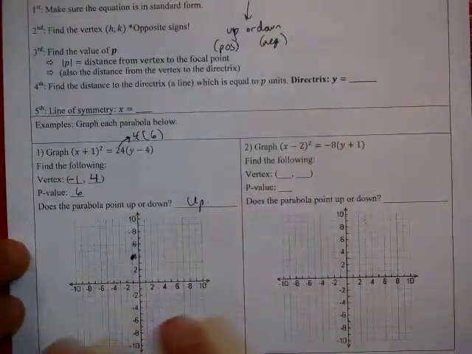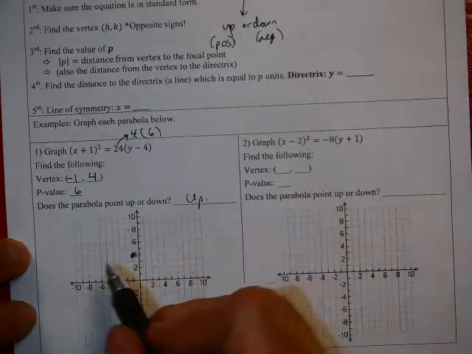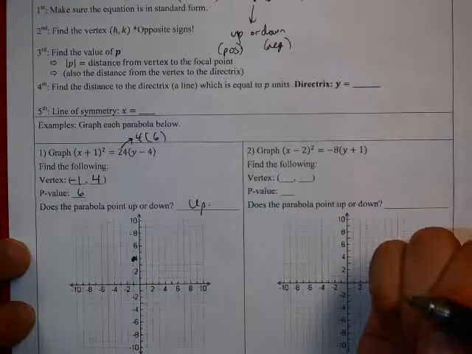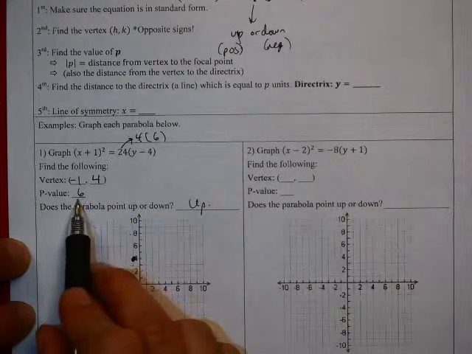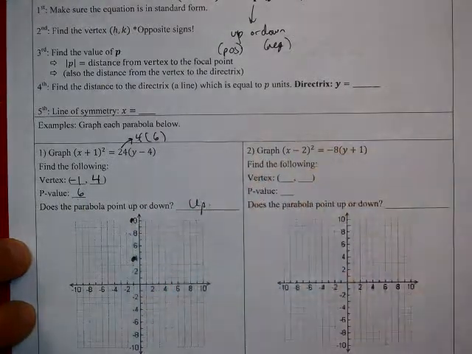Now when you graph, the focus is always inside the curve. It's always inside the parabola. So from this point now, we're going to go up how many units? 4. 6, that p-value. It's going to land right there at +10.